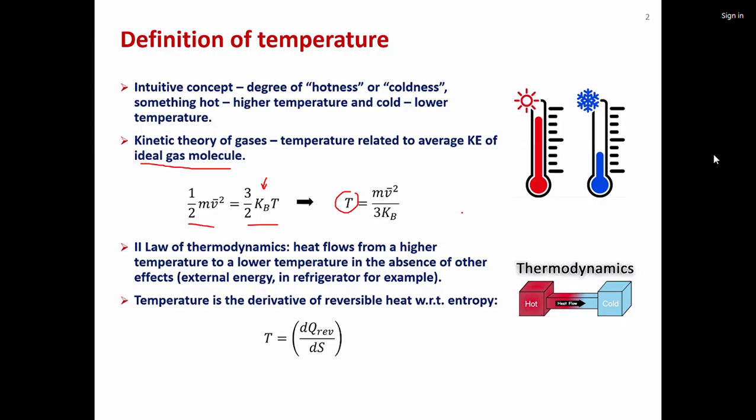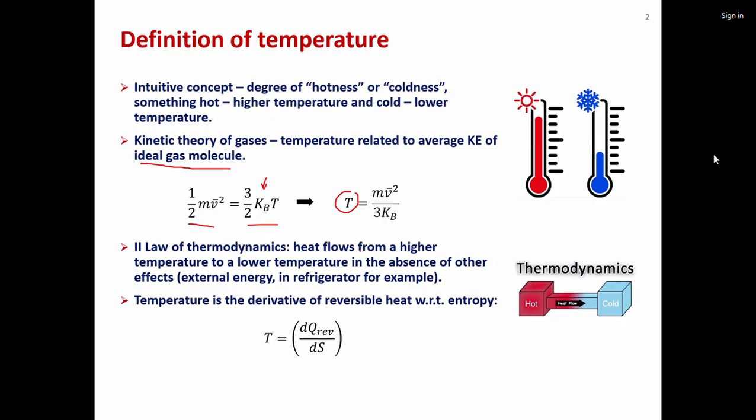Then you can define temperature from the second law of thermodynamics. As you know, from the second law of thermodynamics, heat would flow from a higher temperature to a lower temperature in the absence of external effects.